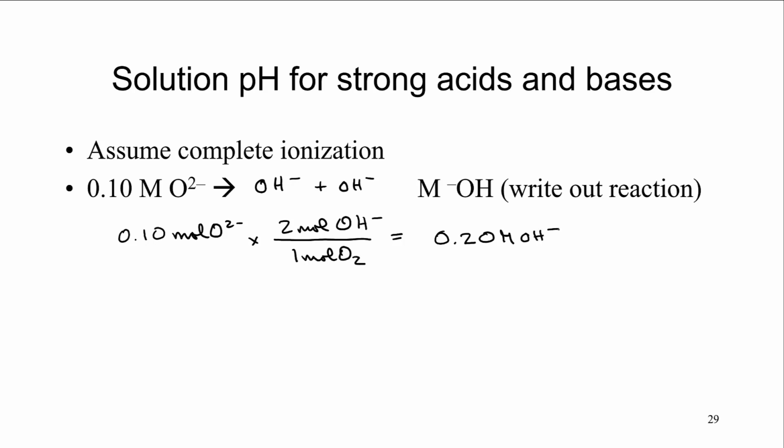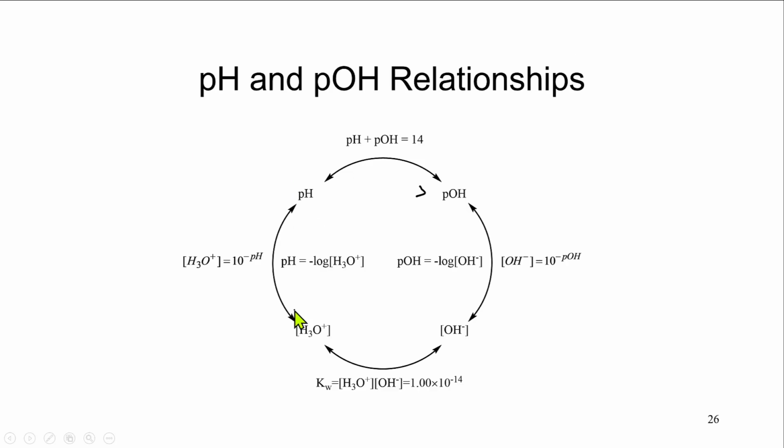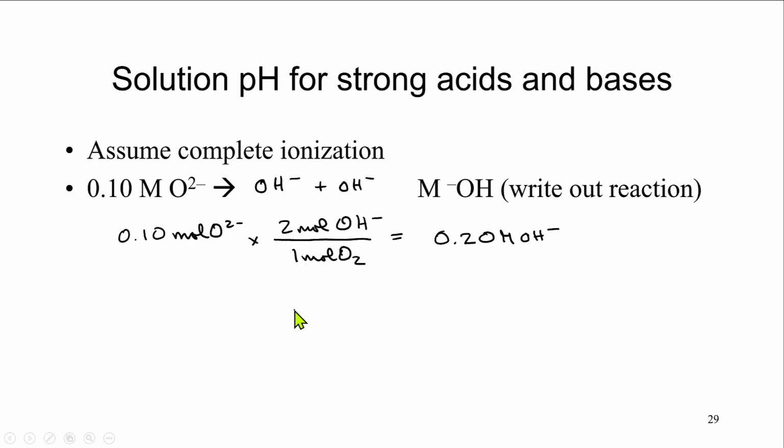And so when we calculate the pOH, we have to take into account the stoichiometry of the reaction. Again, we saw that reaction when we wrote it here. This is the Bronsted-Lowry reaction 4, and then oxide was one of those, okay?